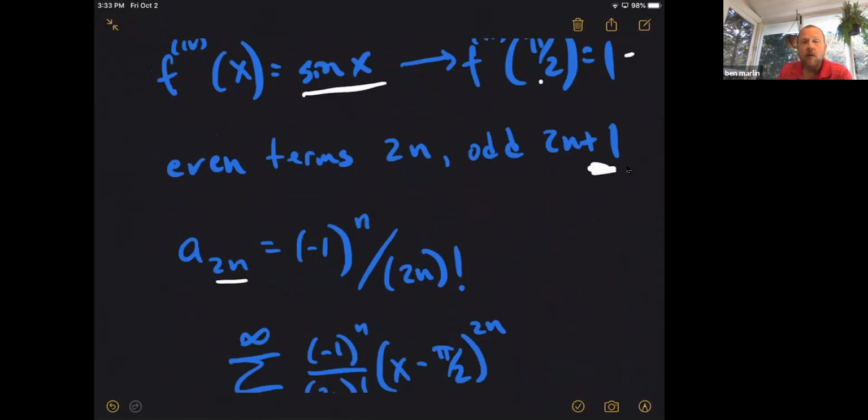Now, when you do one of these and you're trying to write the pattern, write -1 to the n, and then go back and see, does that fit? If it's one off, then instead of using -1 to the n, you might want to use -1 to the n plus 1 or n minus 1. But in this case, I'm just so clever that I managed to get the right thing the first time.